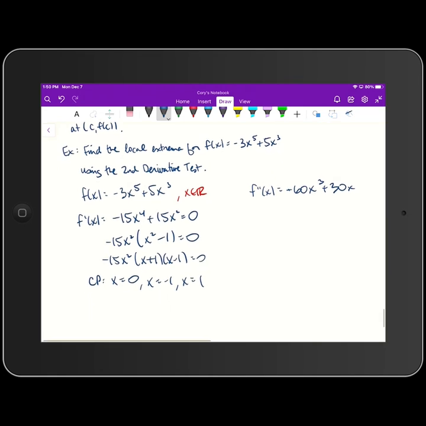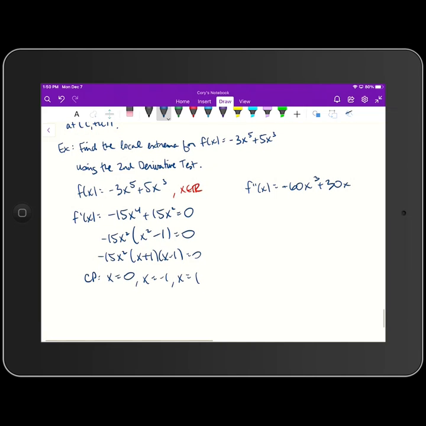Now we want to take these three values and evaluate the second derivative at those numbers to determine whether our function is concave up or concave down at those points.